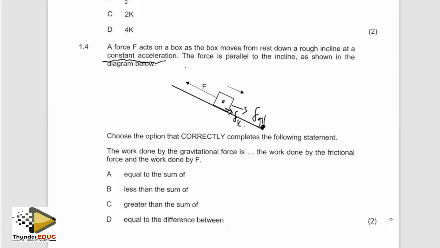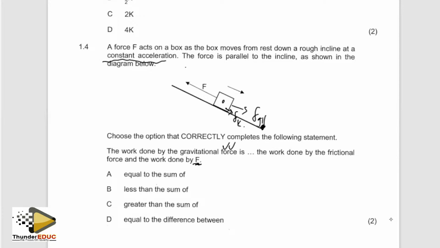Choose the option that correctly completes the statement. The work done by the gravitational force is dash dash, the work done by the frictional force, and the work done by F.